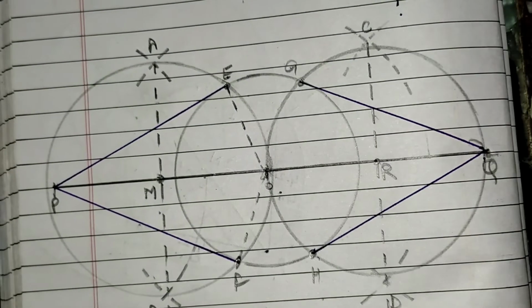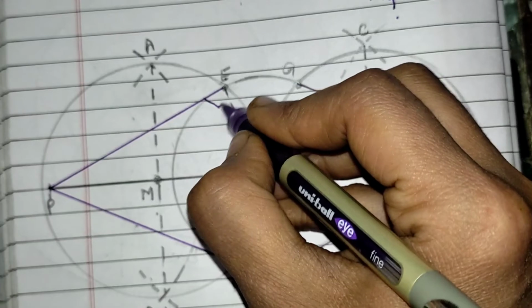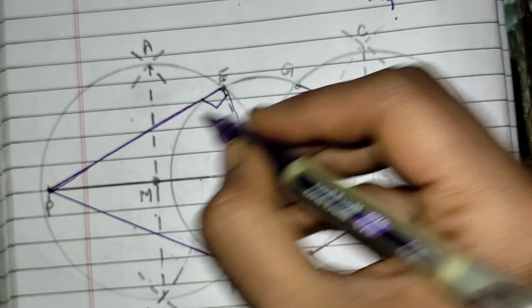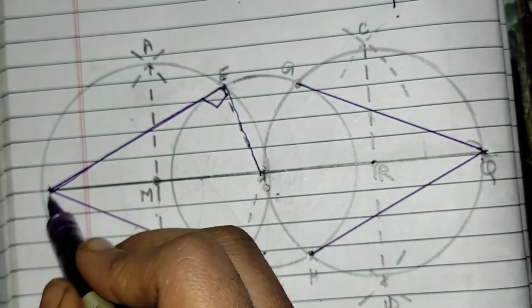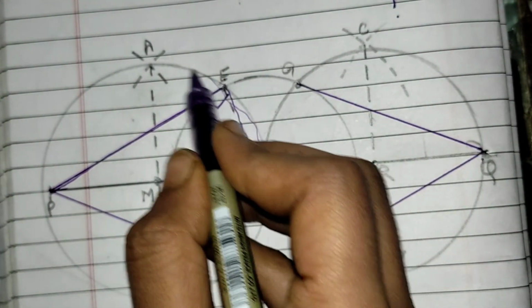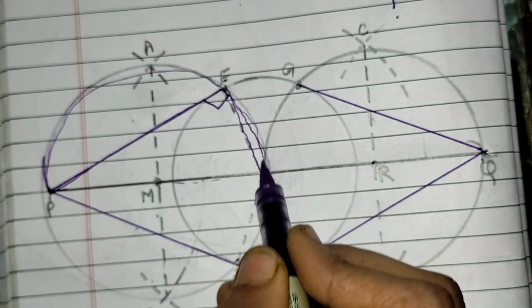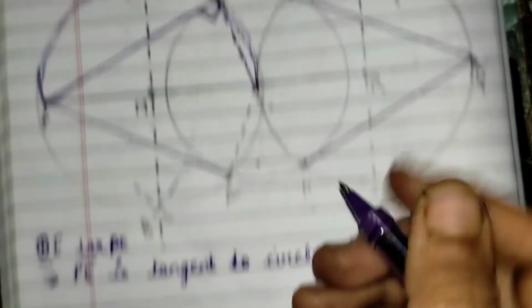So how will I prove that? You can see that this angle PEO is being formed in a semicircle. This is my semicircle, right? So angle PEO is being formed inside a semicircle.